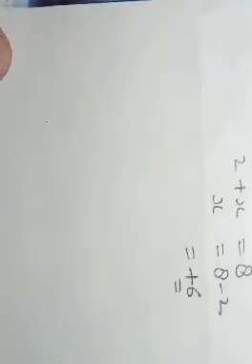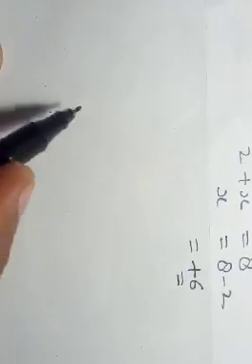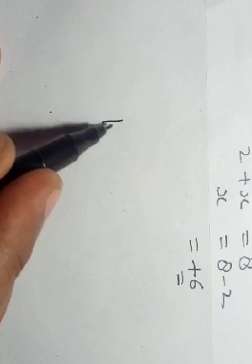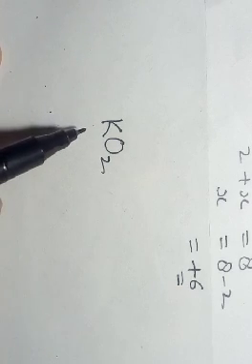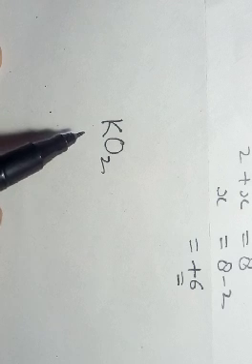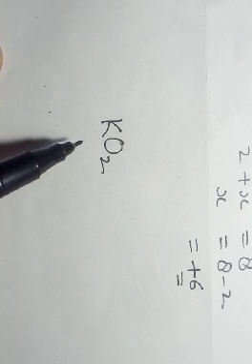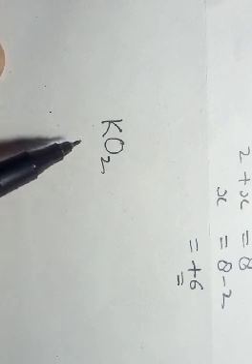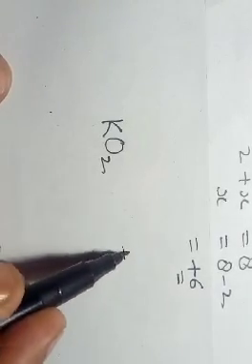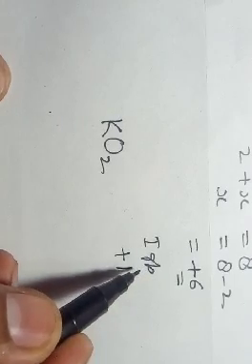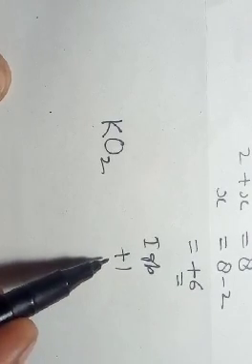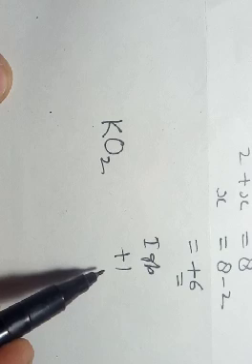Okay students. Now for a superoxide, KO2, potassium superoxide, we all know that the oxidation state of first group elements in their compounds is +1.